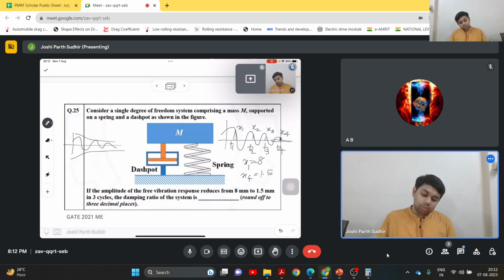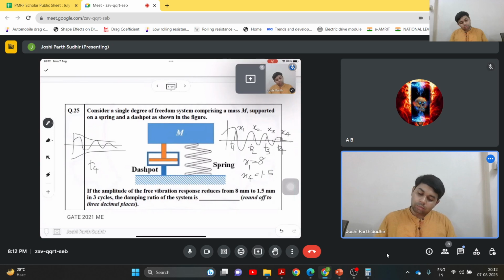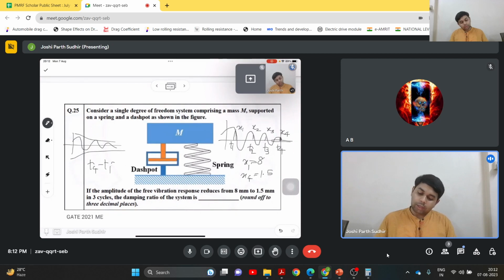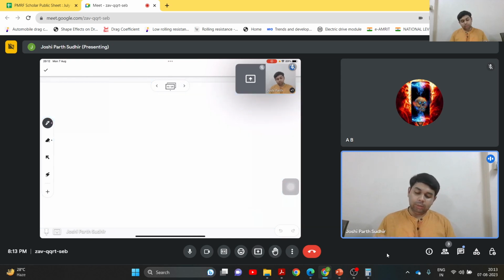So the time difference between t4 minus t1 is three time periods. Then we can apply the concept of logarithmic decrement.